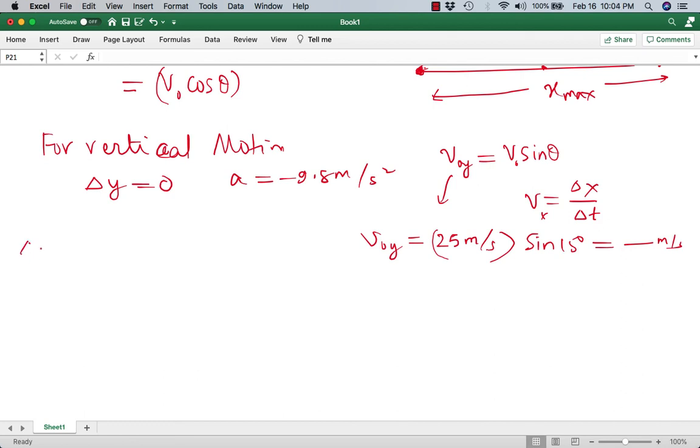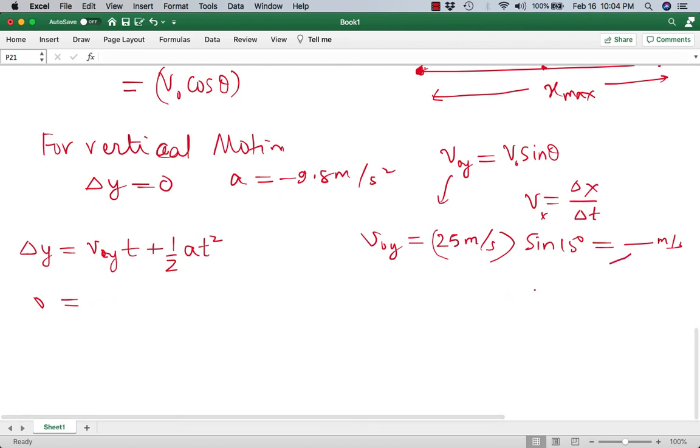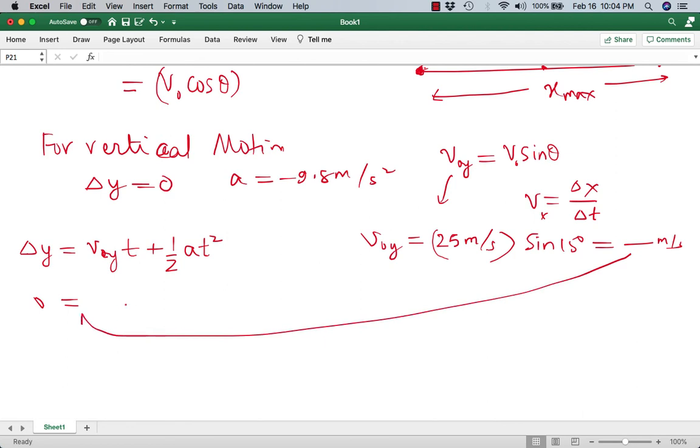So delta y is equal to V0y t plus 1/2 a t squared. So that's 0. V0y is whatever you get from here, you plug that in here. That times t plus 1/2 negative 9.8 meters per second squared times t squared.